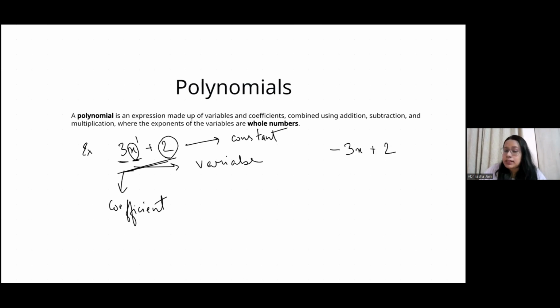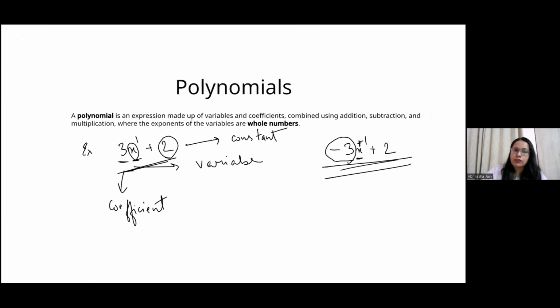Is this a polynomial? Yes, it is. Why? Because the coefficient has a negative sign in front of it, not the variable. If the variable had -1 as the power, it is not a polynomial. But since the variable has 1 as a power, this is a polynomial.